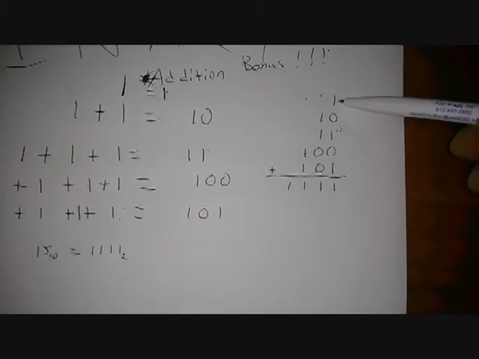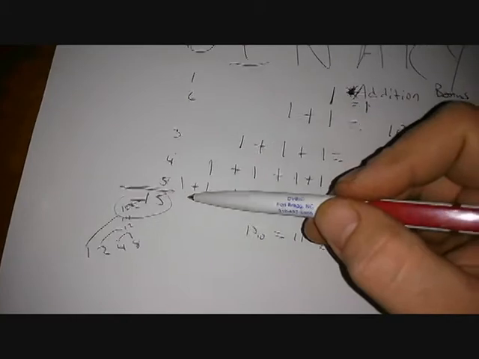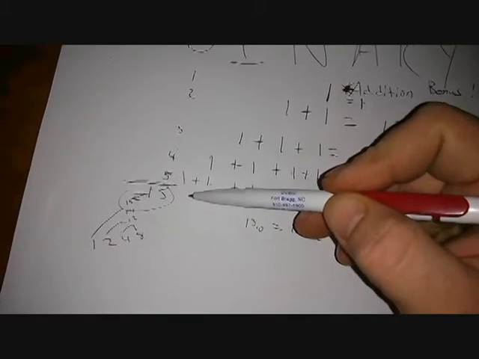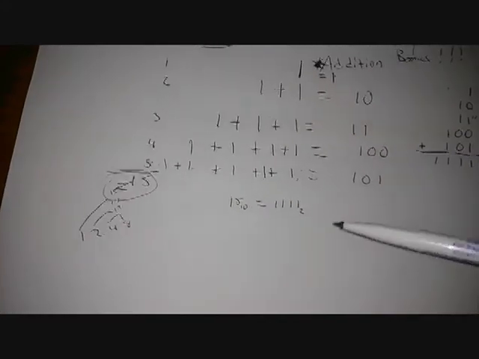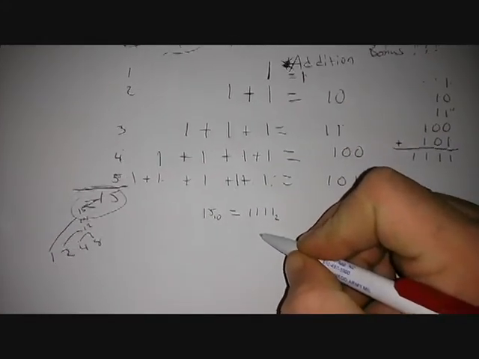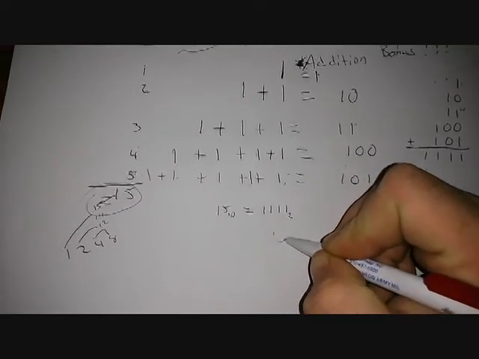As you can see, this right here is the number 1 represented in binary, 2, 3, 4, and 5. Right here, we have 1, 2, 3, 4, and 5, and that adds up to 15. Now you have 4 binary digits in each column.